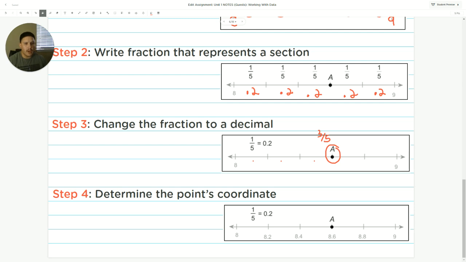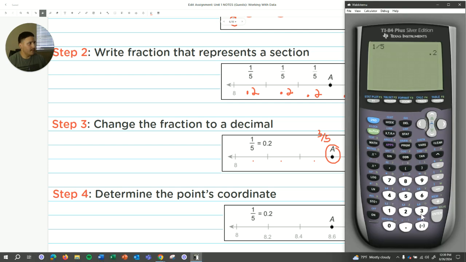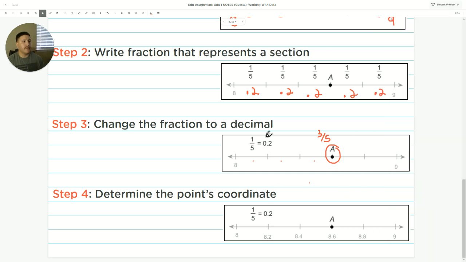Okay, we know 3/5 is 0.6. So that's 0.6 on top of the 8 that we already have on the number line. So we're going to add 0.6 to that, and we have 8.6. Just another way to think about this if you didn't immediately think of converting 1/5 into its decimal form.